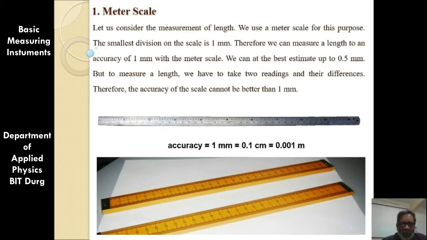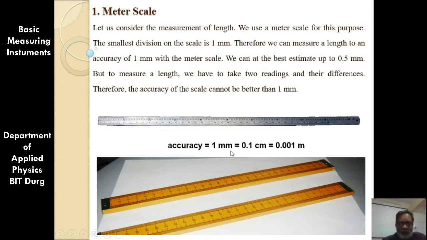So this 1 millimeter is the accuracy of this meter scale, or the meter scale can measure the distance very accurately if they are either up to 1 mm or they are multiple of 1 mm. If they are integral multiple of 1 mm, then obviously you are going to measure the length of that object with full accuracy with the help of this instrument.